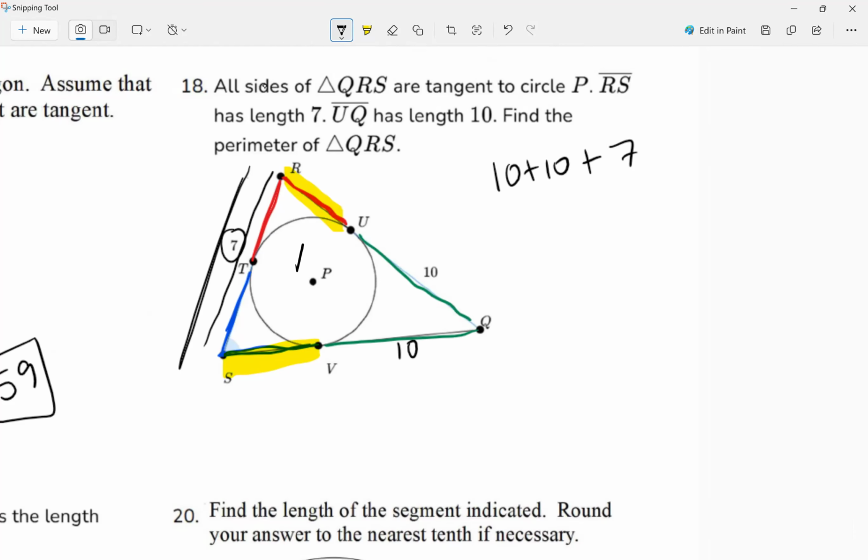I don't know how big each of them is, but if I combine them, isn't that another 7? Because remember, how did we get the 7 on the left? By combining a red and a blue. So here I have to combine the red and the blue. Wouldn't that be 7 as well? So in this case, 10 plus 10 plus 7 plus 7 gives me 34.